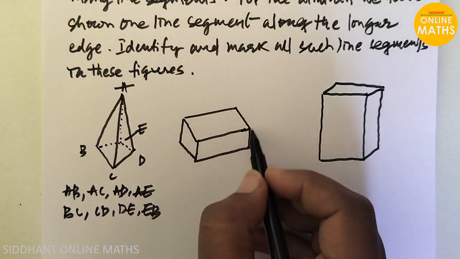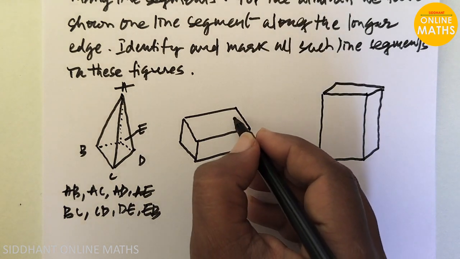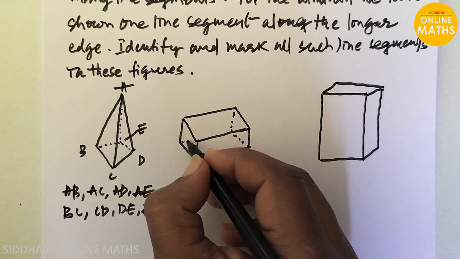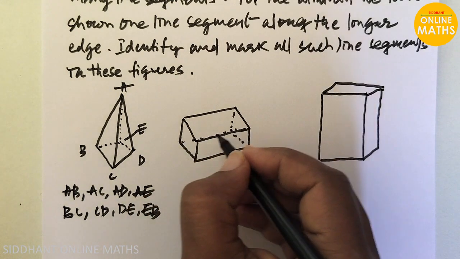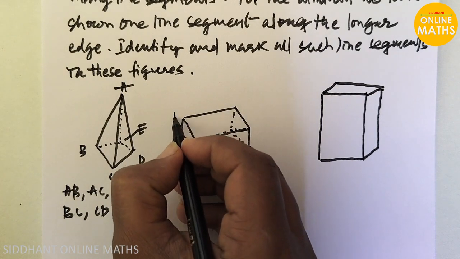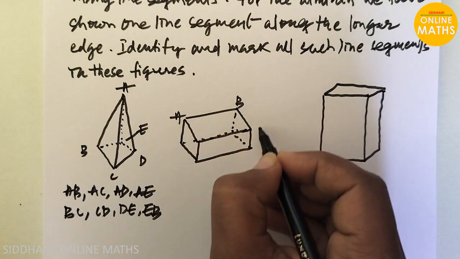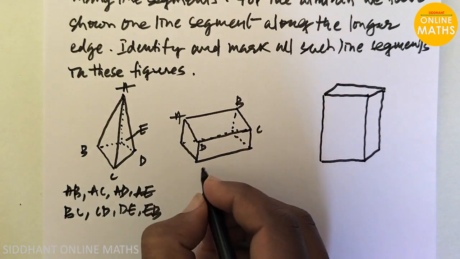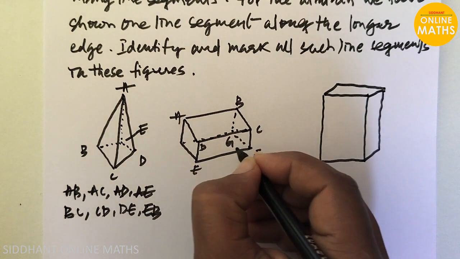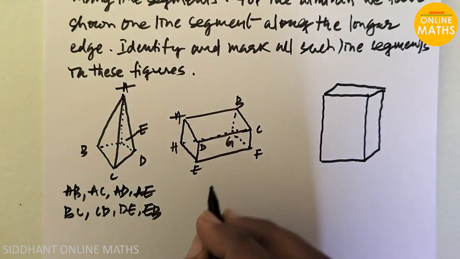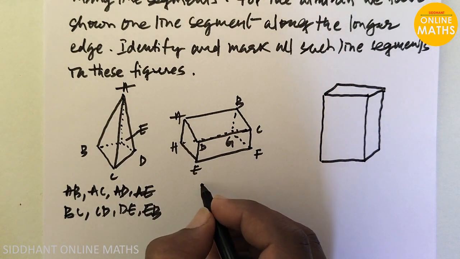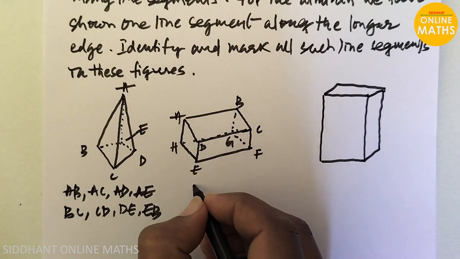And coming to this figure, it looks like a cuboid. Okay, so here when you are going to point out, the same way we are going to see A, B, C, D, and in this way E, F, G, H, like this. So in this box we are going to see line segments.